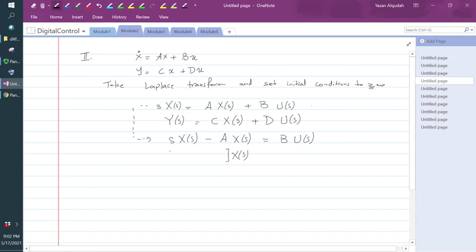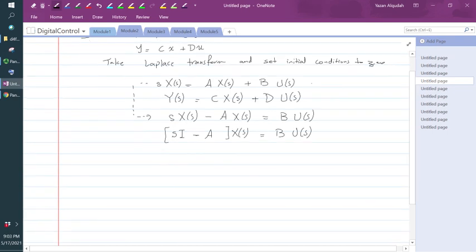I can multiply s by the identity matrix minus A multiplied by x of s equal to b multiplied by u of s. Again, if I multiply, I'm going to get s multiplied by the identity multiplied by x is just going to give me sx. And a multiplied by x is going to give me ax.